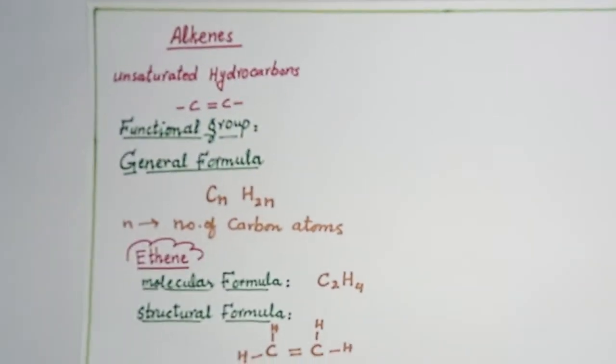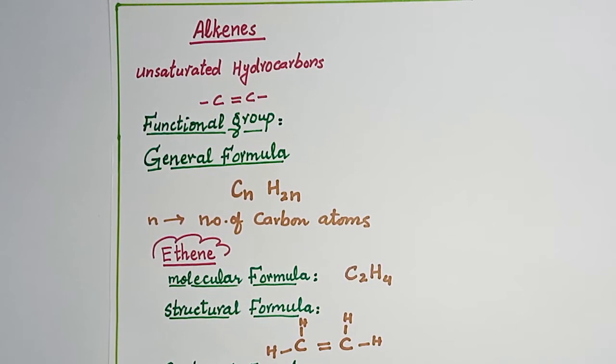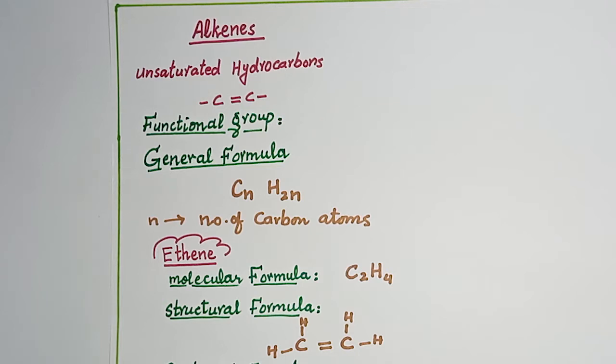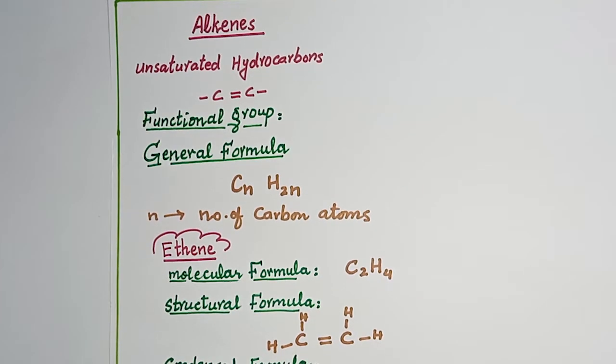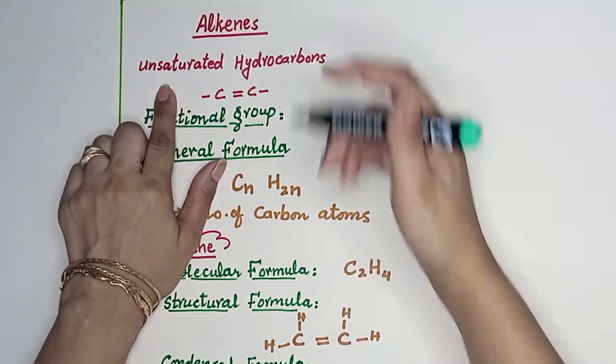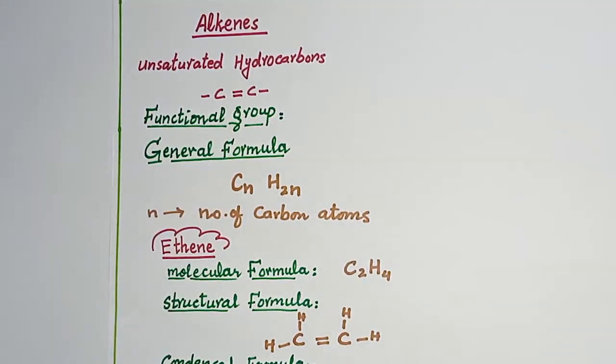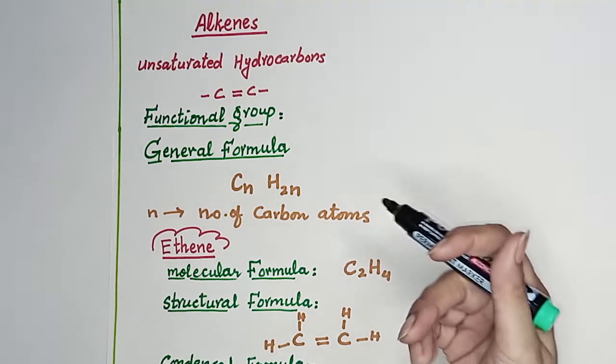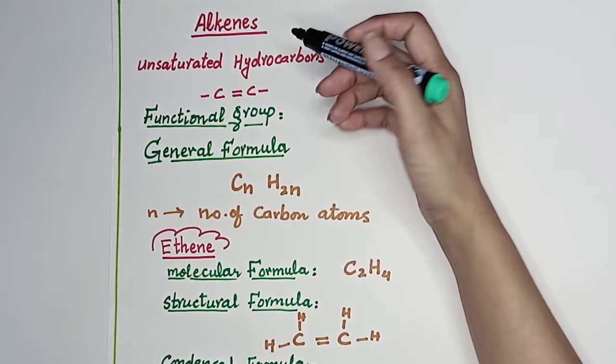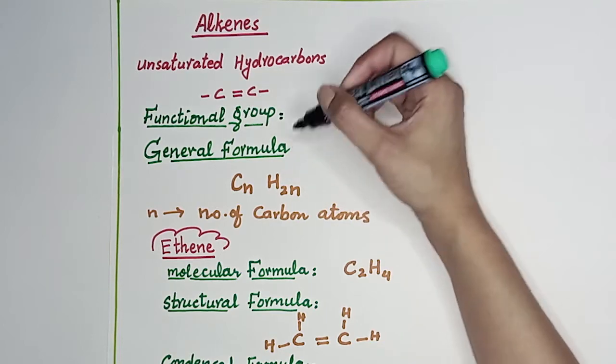Another one is alkene. Alkene basically is the unsaturated hydrocarbons. What does this mean, unsaturated carbon atom? Unsaturated means that this compound contains carbon-carbon double bond. So presence of this carbon-carbon double bond is going to give this characteristic of alkene.